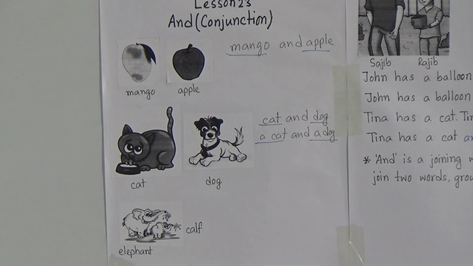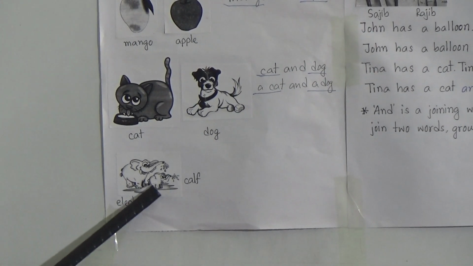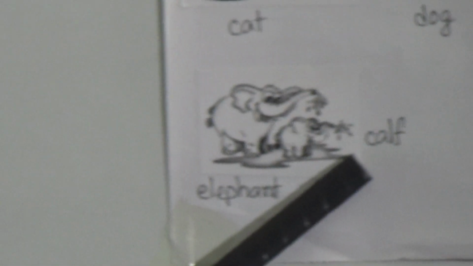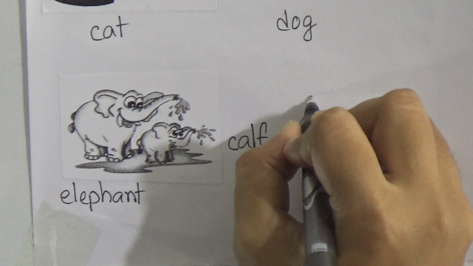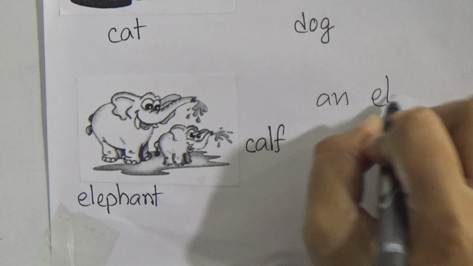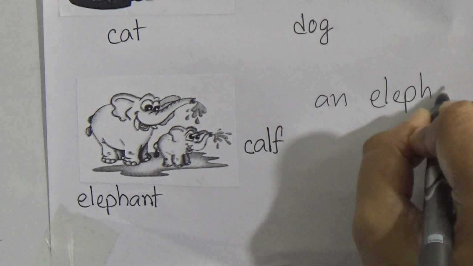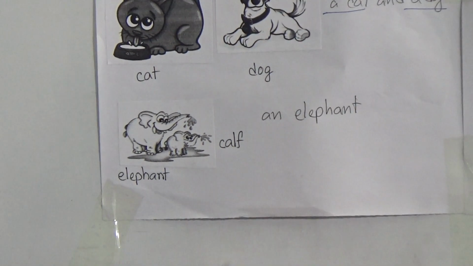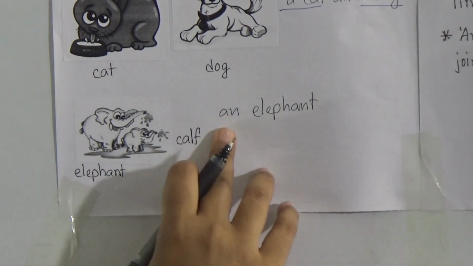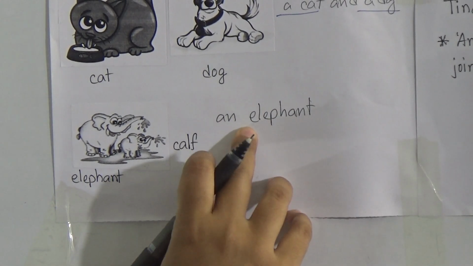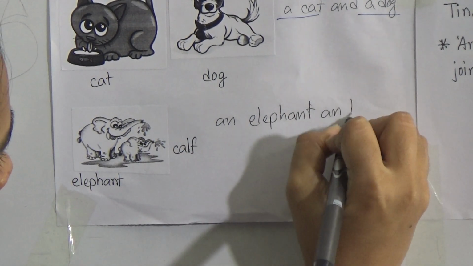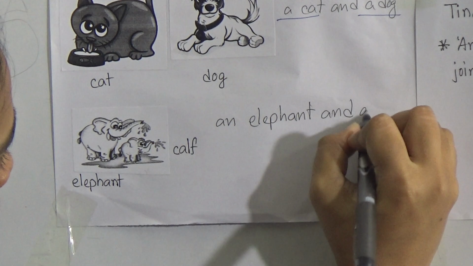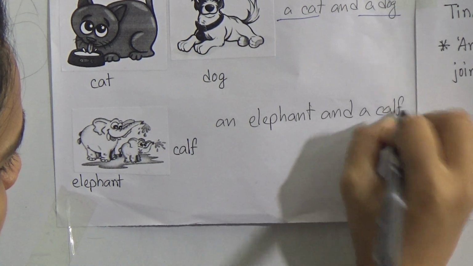And now the next picture, now look, there is an elephant and its baby, that means the baby elephant, which is called calf. So we can also write like this: an elephant. And we all know that we use "an" before the vowel sound. So here will be an elephant, and now we can join the words: a calf.